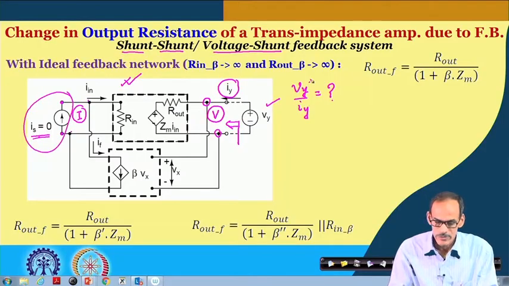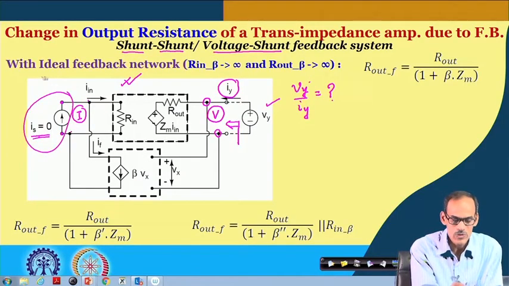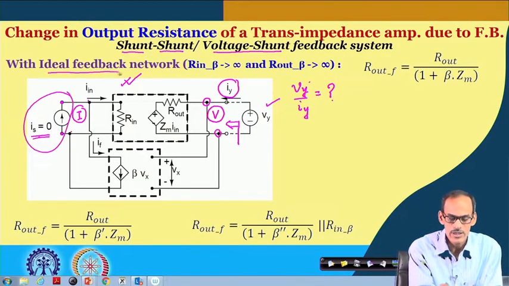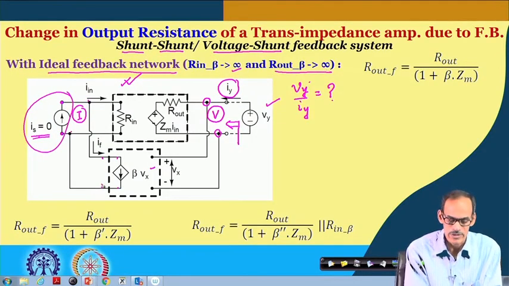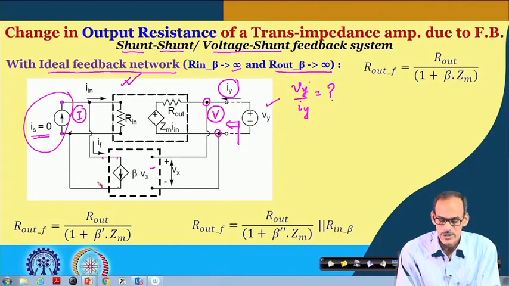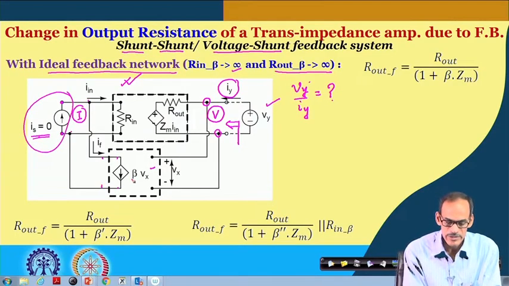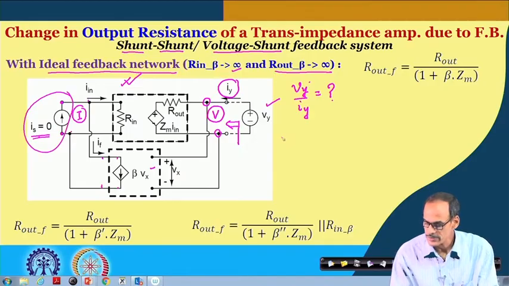Also, to start with we are considering an ideal feedback network, namely its input resistance is infinite, and since it is a current source, we are considering output conductance is 0 or output resistance is infinite. So, with this what we have is the expression of the current I in.